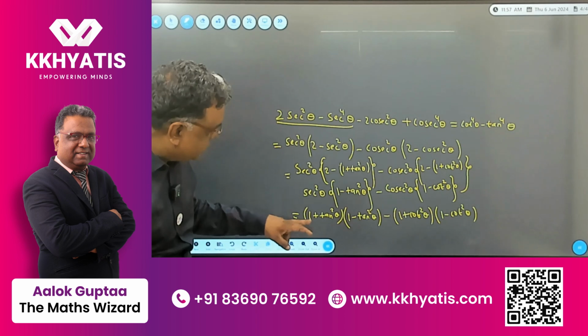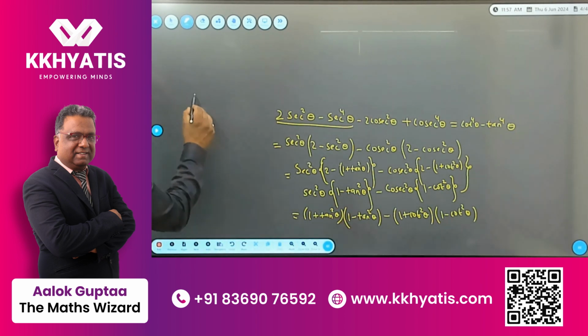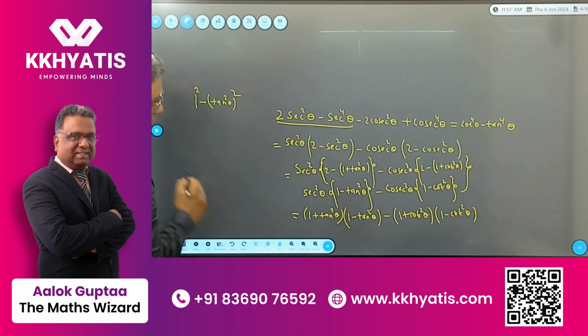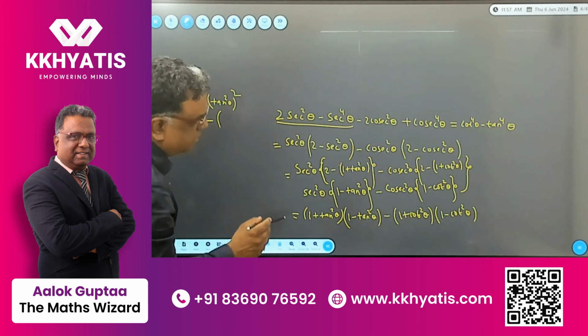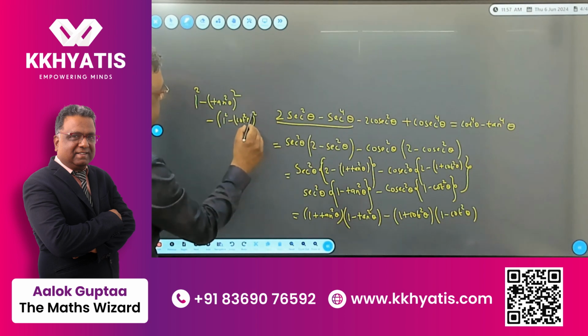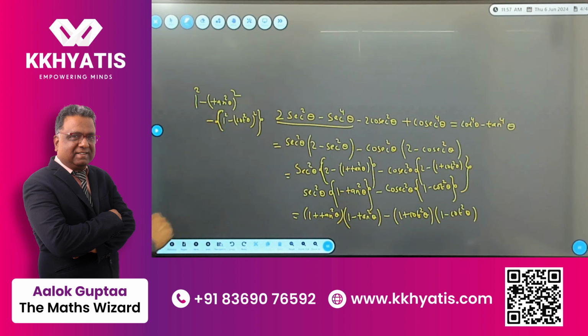So is this expression not equal to a plus b and a minus b types? So we can write this as 1 square minus tan square theta the whole square. Okay. And that also I can write as minus 1 square minus cot square theta the whole square, a square minus b square, in that form. Okay.